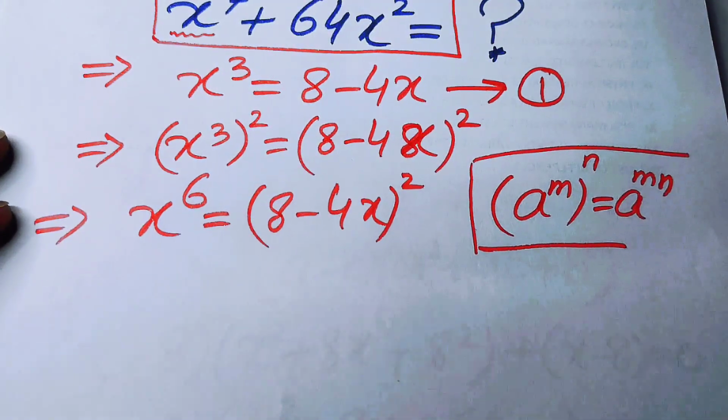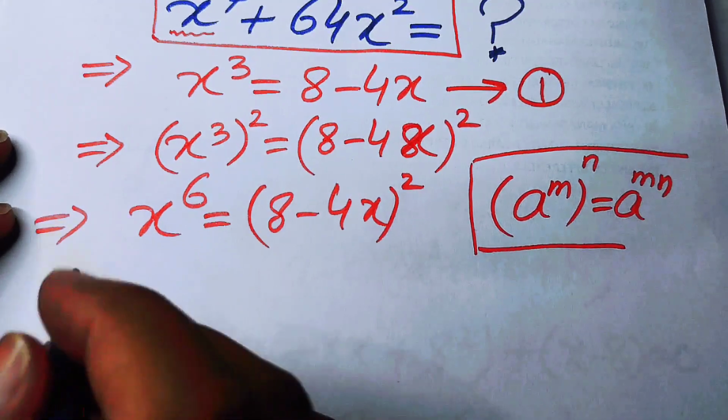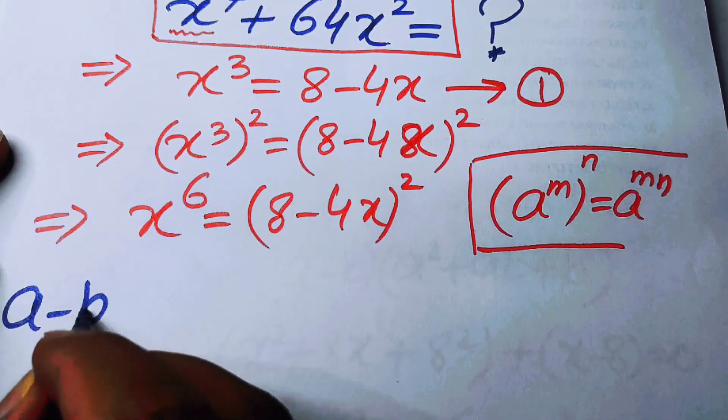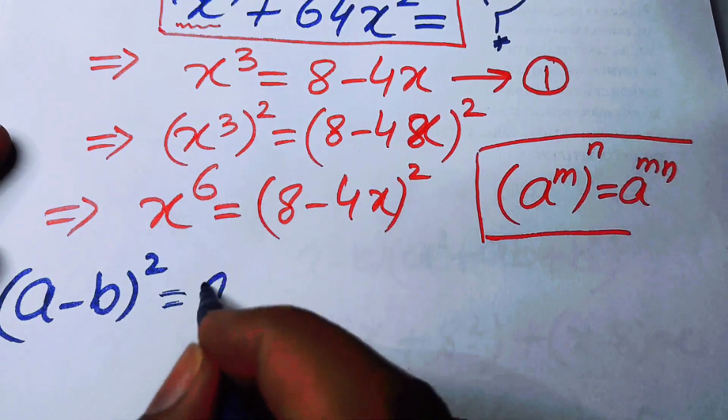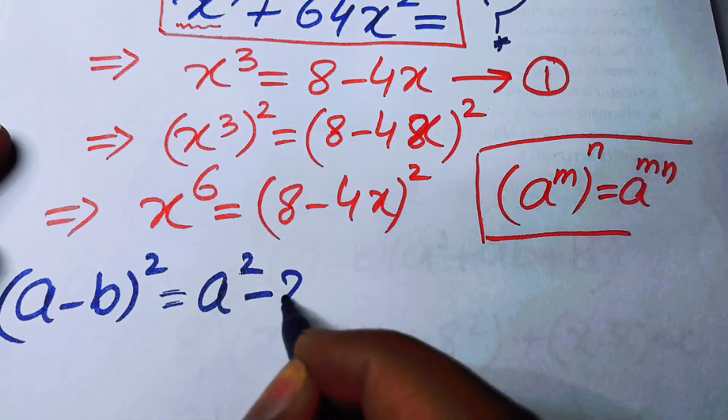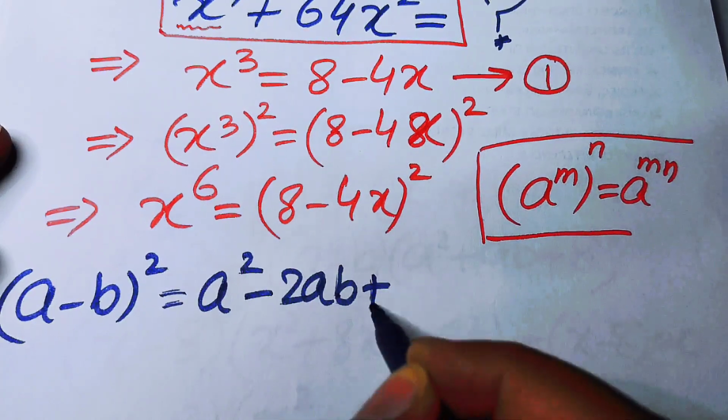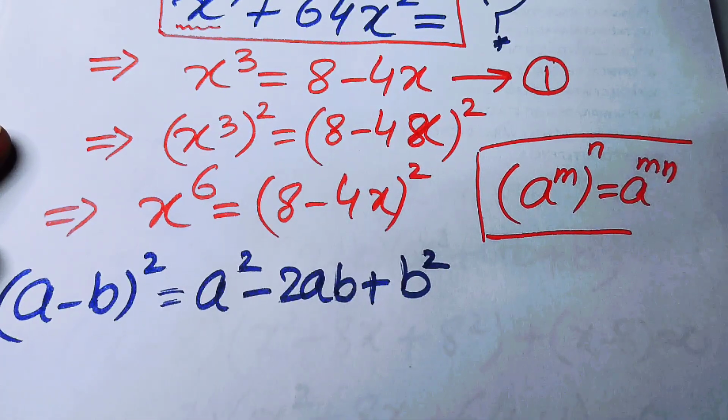After that we will apply the nice square identity. You know that if we have a minus b whole squared, it is equal to a squared minus 2 times ab plus b squared.